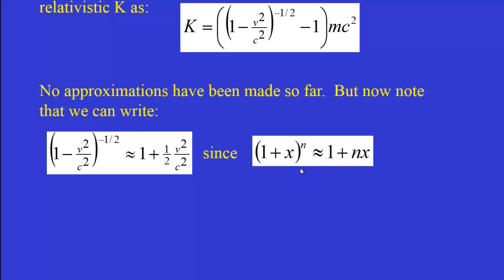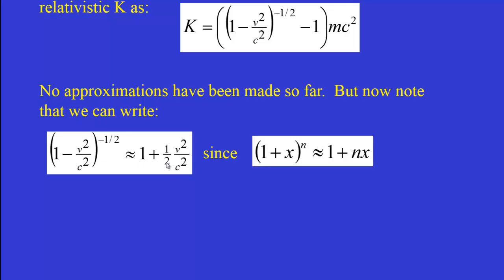So how do we apply that to the case of the expression that we have for the kinetic energy? We've got this quantity in parentheses to the minus 1/2, and so just following this prescription for the 1 plus x to the n, this can be approximated as 1 plus, and the reason there's a plus is the minus 1/2 and the minus sign here get multiplied together.